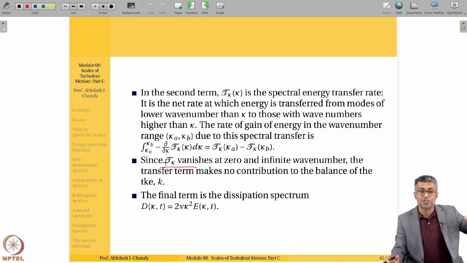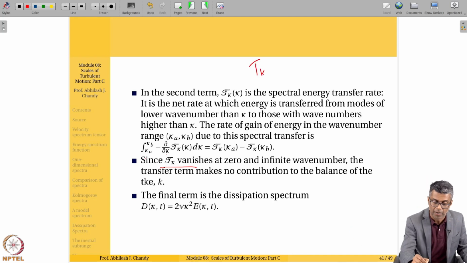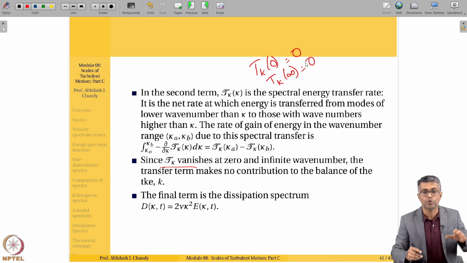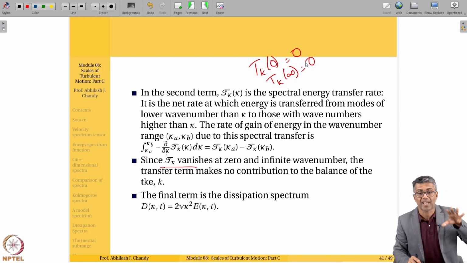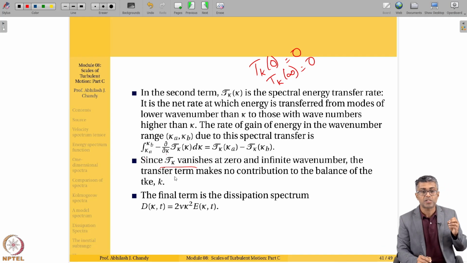Because T of 0 is 0 and T of infinity is 0, because there are no scales below 0 and there are no scales above infinity. So there's nothing to transfer to. So the endpoints are 0. Since T kappa vanishes at 0 and infinite wave number, the transfer term makes no contribution to the balance of TKE.